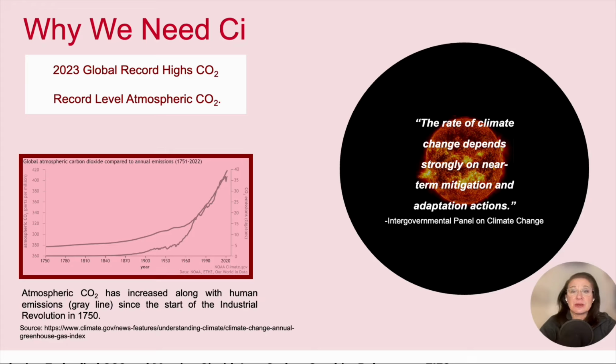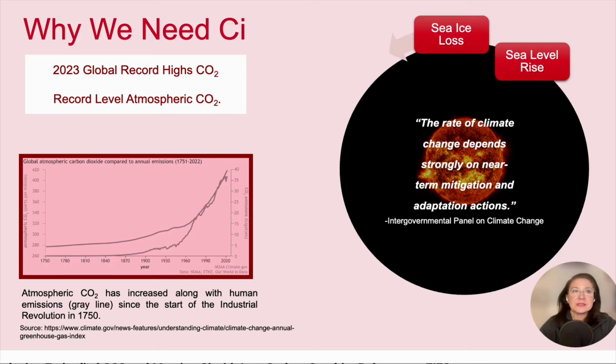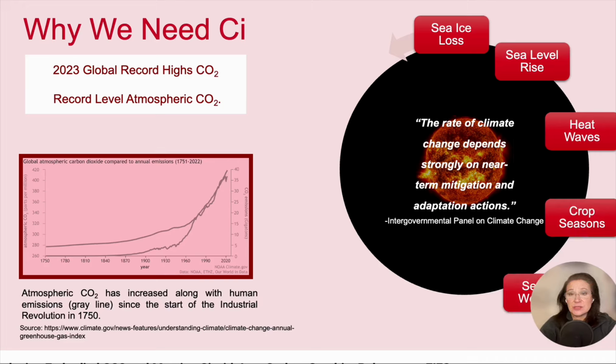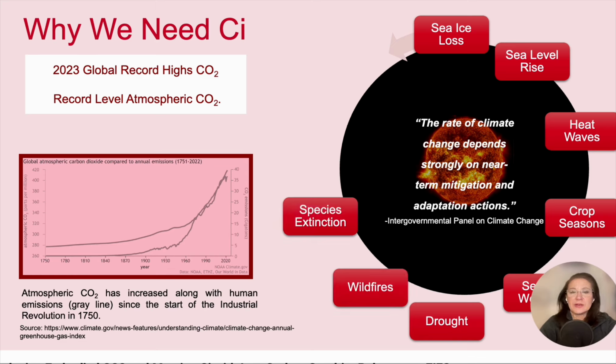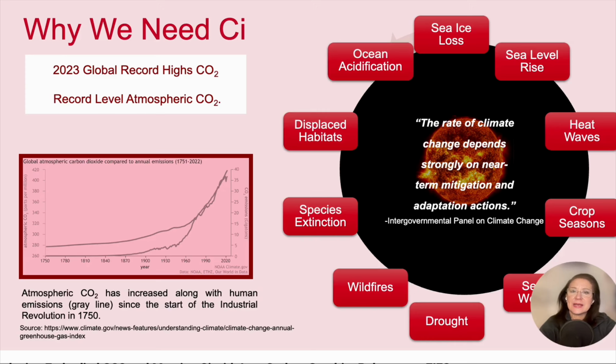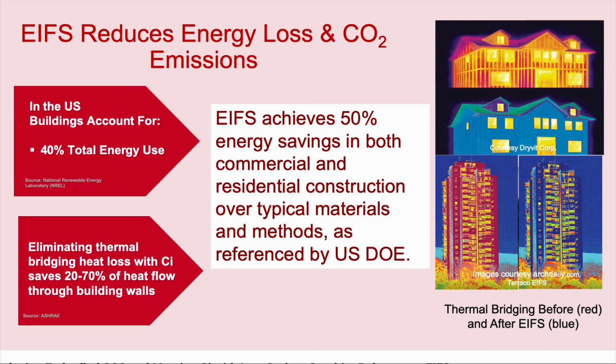And so, what are some of the results of this increased carbon in the atmosphere? Well, we see loss of sea ice, sea level rise, heat waves, crop seasons are changing, drought, wildfires, species extinction, displaced habitats, acidification, and more.